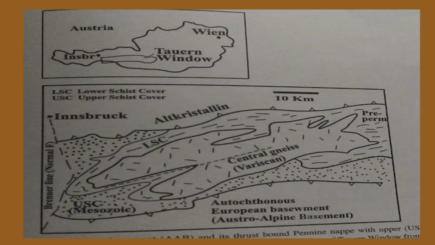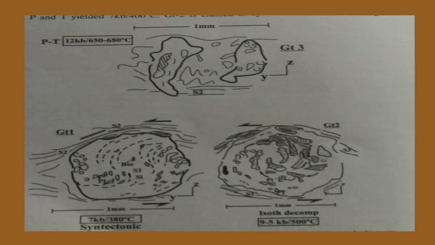The polymetamorphic schist of the Austro-Alpine has been studied for thermo-tectonic evolution by Schwartz in 1997. The garnet-bearing schist has preserved minerals of the pre-Alpine orogeny. See figure 8 on the screen.